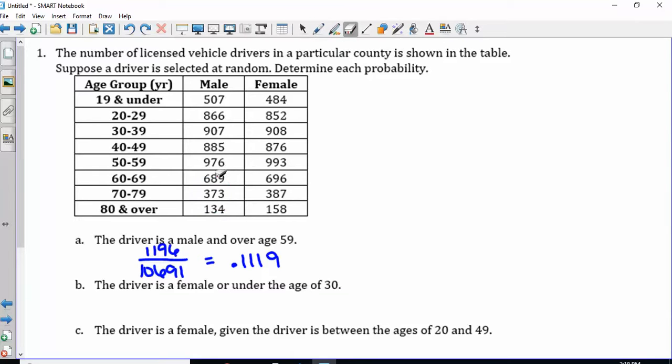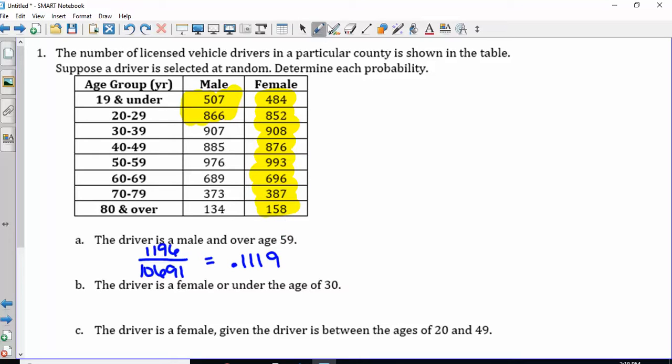B. The driver is female or under the age of 30. So you can do an or formula, or I could look at the table and say, okay, I need everybody that is either a female or under the age of 30. So I've got all these females, but then I also need those two males added in there.